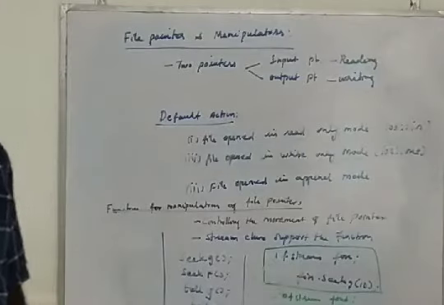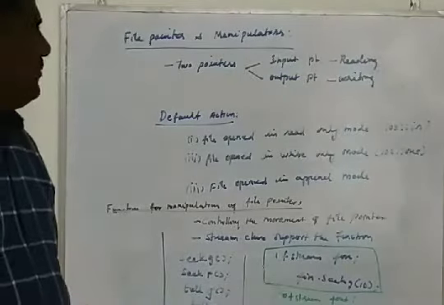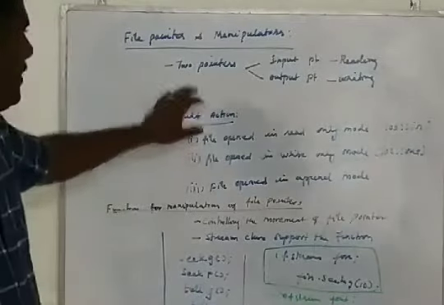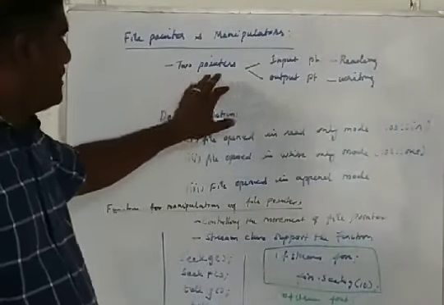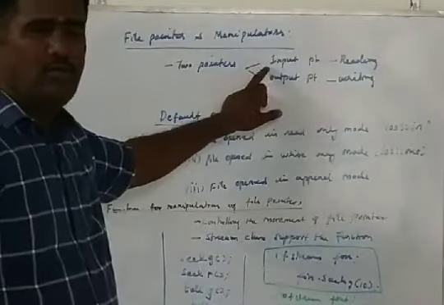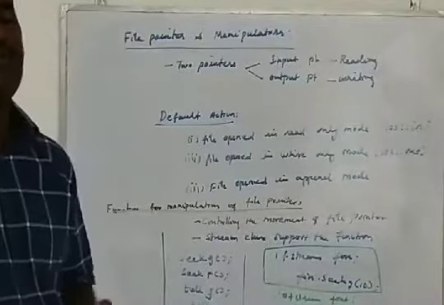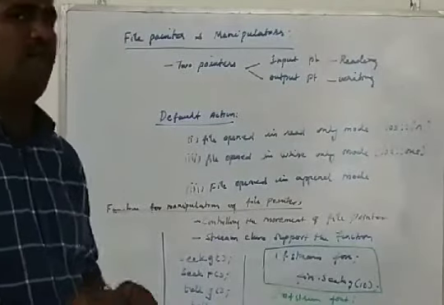Pointers and manipulators. By default we are using two file pointers. One is called the input pointer, another one is called the output pointer. That means an input file pointer and an output file pointer.